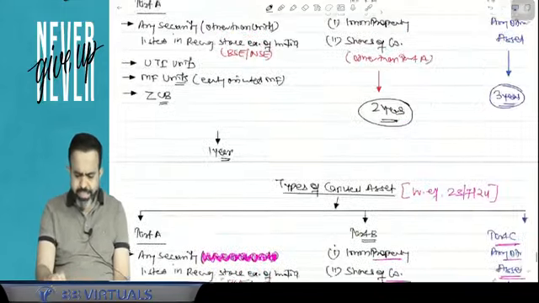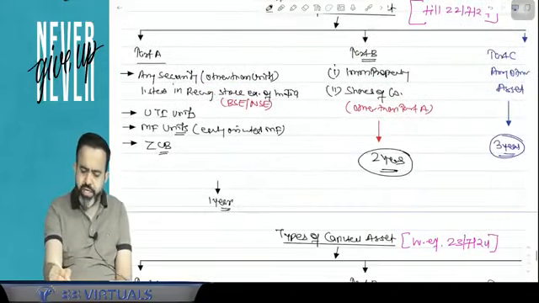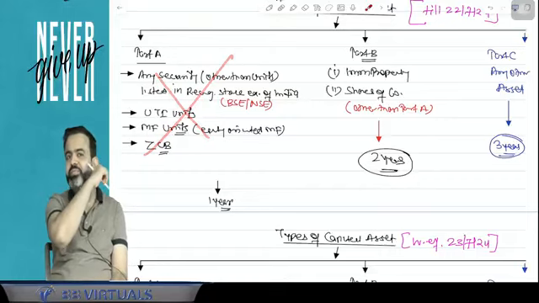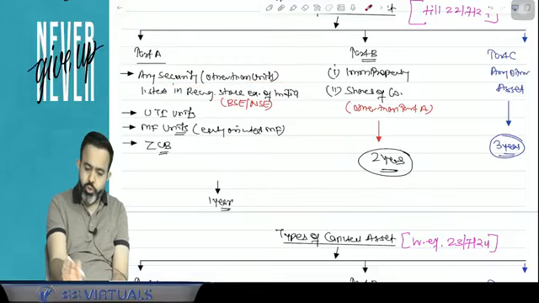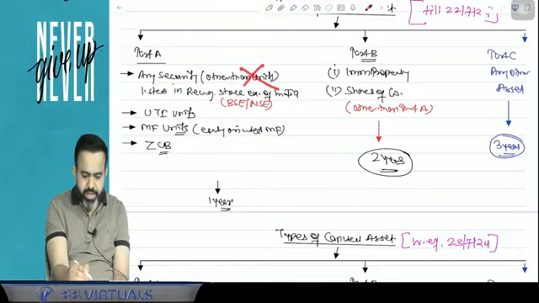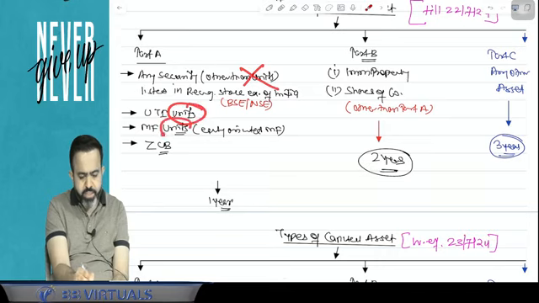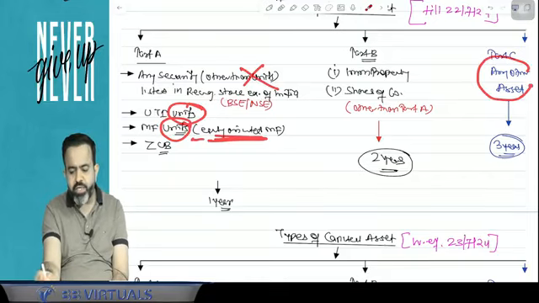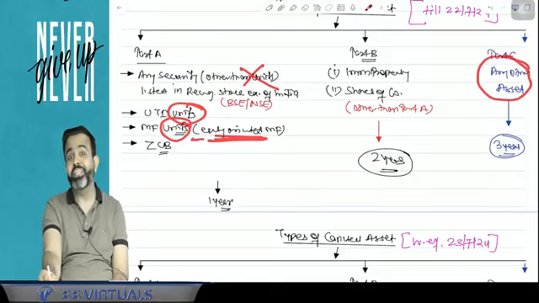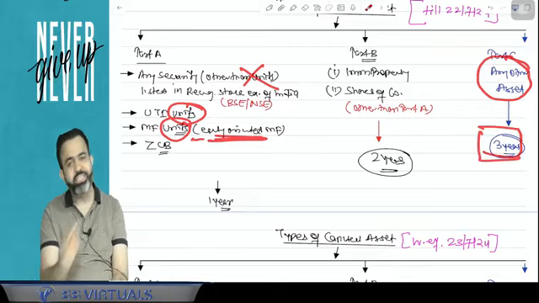Earlier, that is not covered here in point number 1, because they mention any security other than unit. So unit is not covered here, and here they covered only the UTI units and mutual fund equity oriented units. All other units were covered in part C for 3 years.